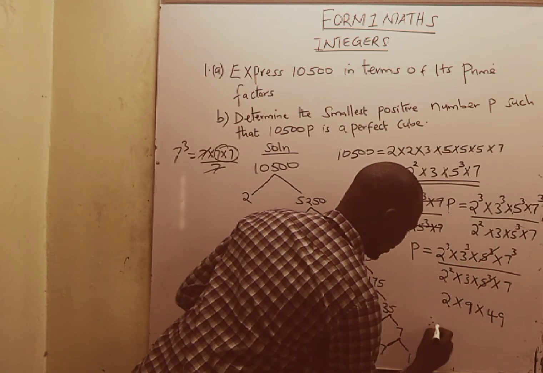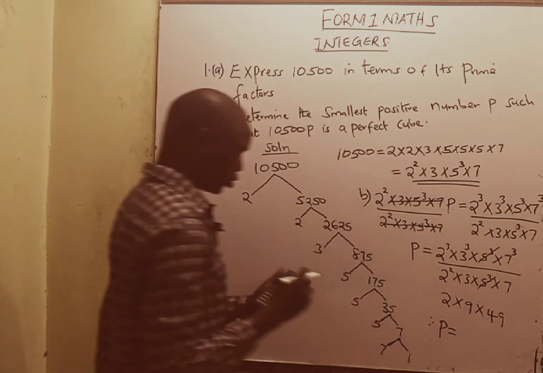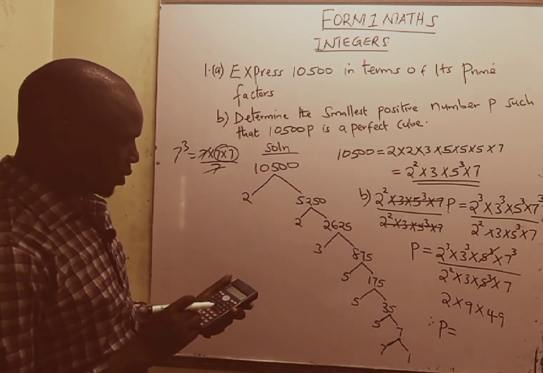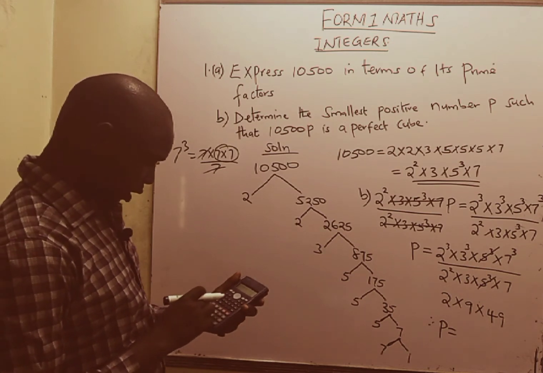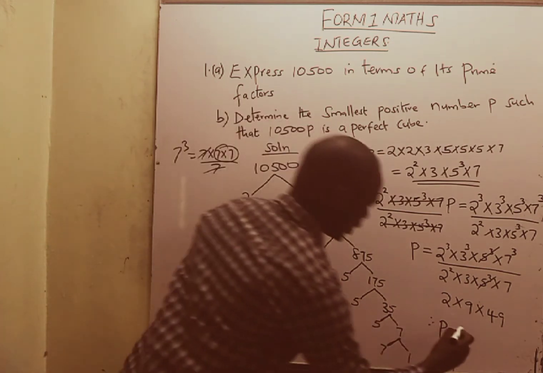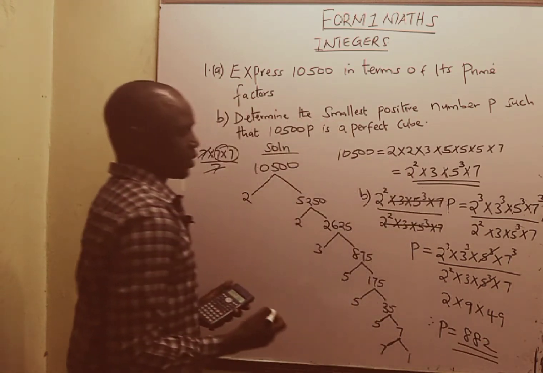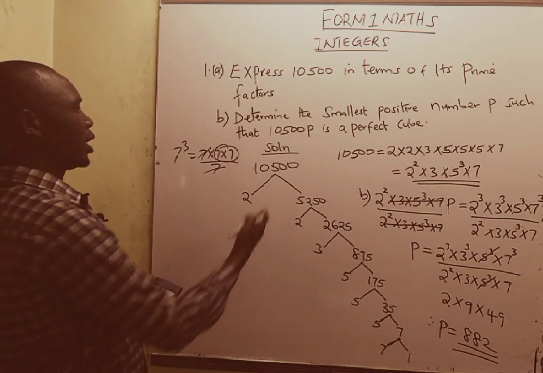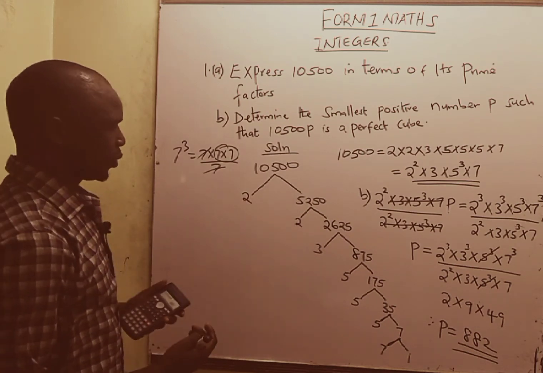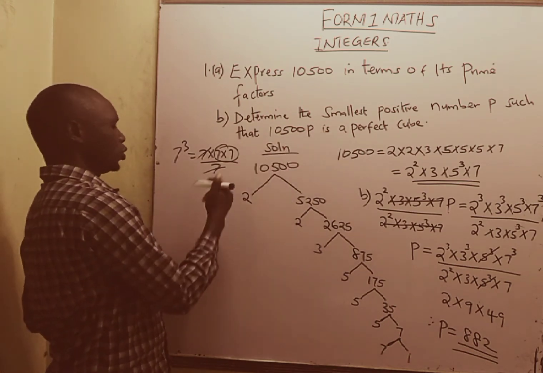Therefore our value of p is 2 times 9 times 49, which gives us 882, and that is the value of p which will make 10,500p a perfect cube.